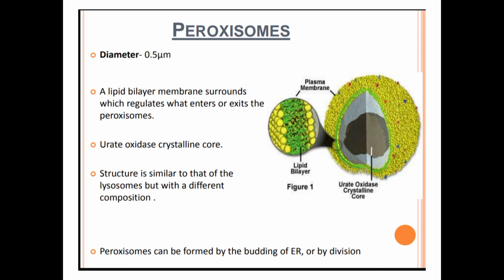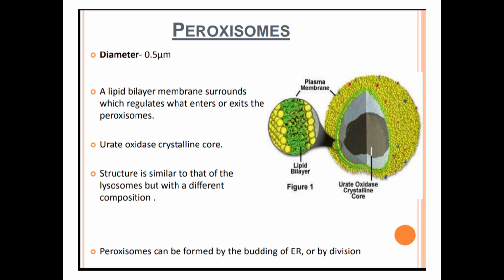Peroxisome consists of two membrane layers made up of lipid, which regulates what enters and what exits from the peroxisomes. They consist of a urate oxidase crystalline core. So they consist of a crystalline structure.